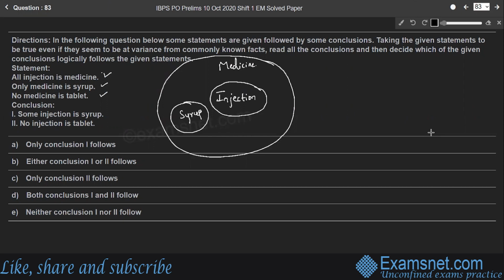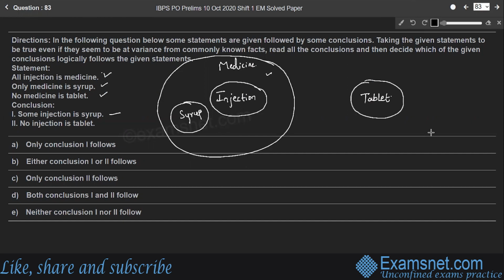Next, no medicine is tablet. So here the set of medicine is here and the set of tablet is completely excluded from the set of medicine, injection and syrup. Therefore, no medicine is tablet. There is no direct relationship between medicine and tablet, right?